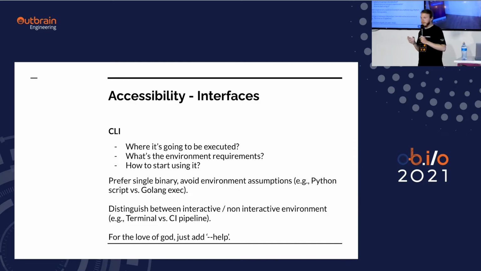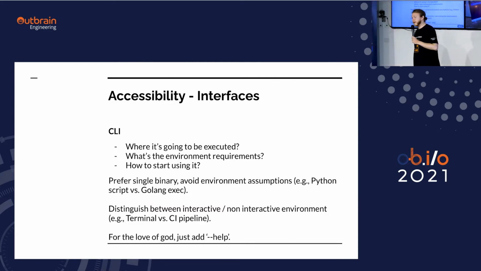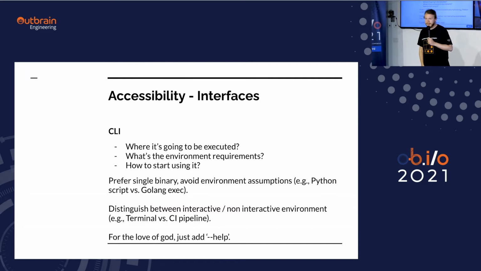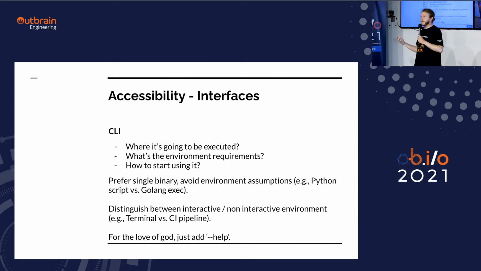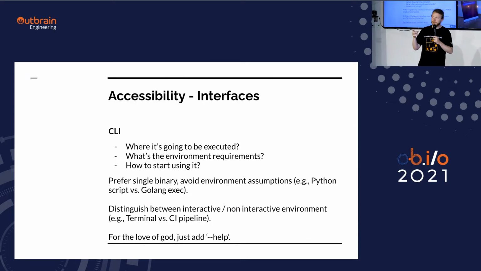Really distinguish between interactive shells or interactive interfaces compared to non-interactive ones. So for example, again, going back to the CLI tool, when I'm writing on my laptop and I'm opening my terminal, I probably would like to interact with the CLI I'm working in. It means that I would like to open the prompt and get certain questions and just start playing with that.